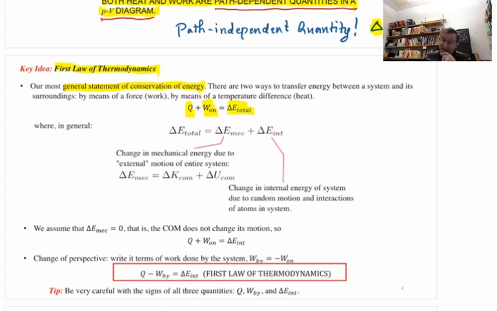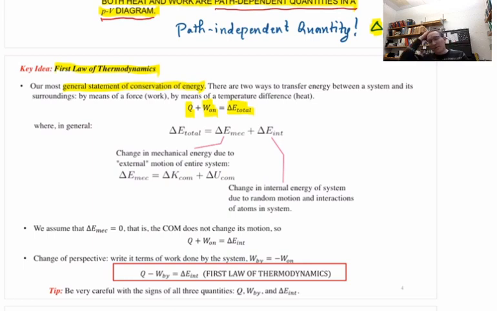Okay? And that's kind of the way we did conservation of energy last semester. But what will never happen is that if there's a Q of 2 joules and a W on of 3 joules, then you'll discover delta E total is 6 joules, or 4 joules, or anything other than 5 joules. Okay? That's all it's saying.